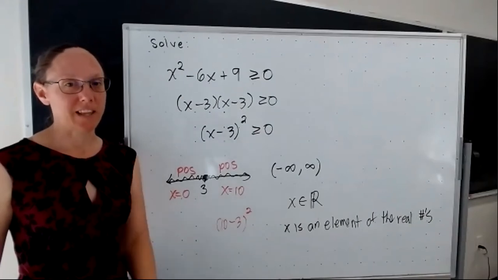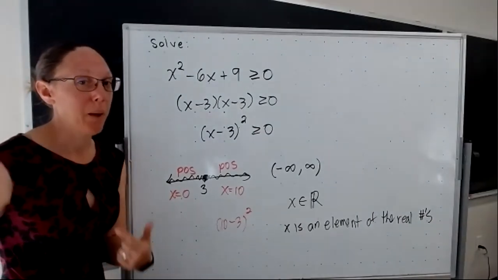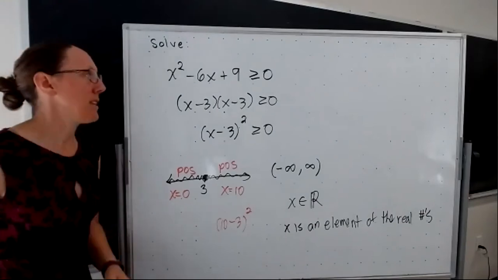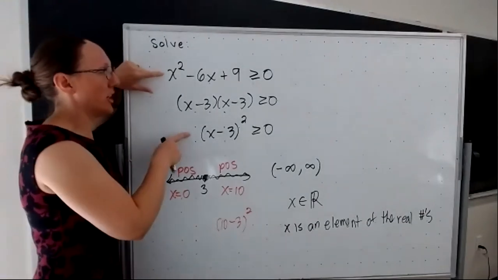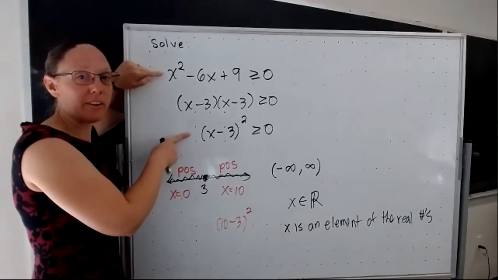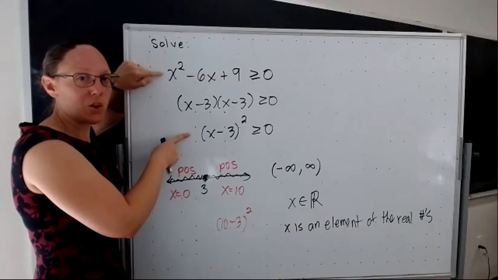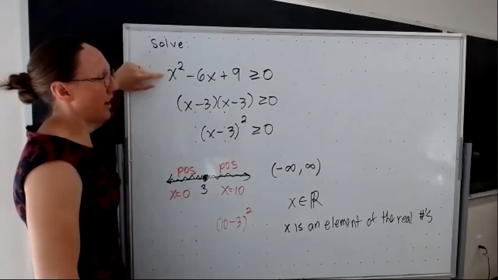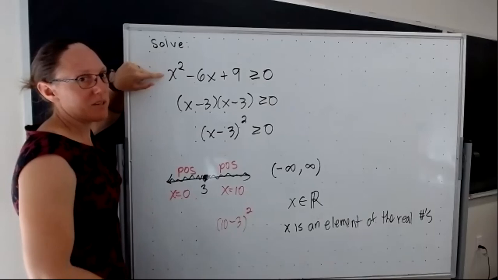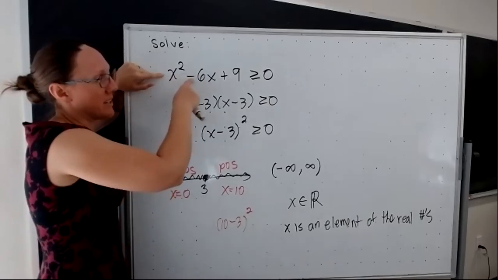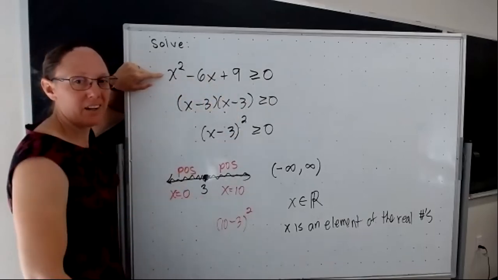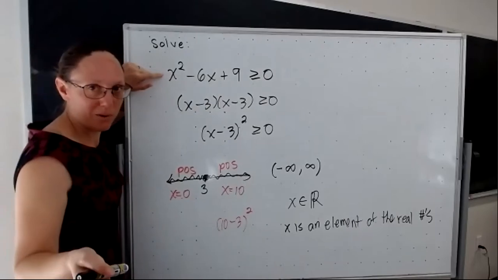Doesn't matter even slightly where you plug the numbers in. Personally, I plug the numbers in to whichever version is going to be easier to do the arithmetic. So for me, plugging the 10 in up here, then I'm dealing with 100 minus 60 plus 9. Okay, it's not so terrible.